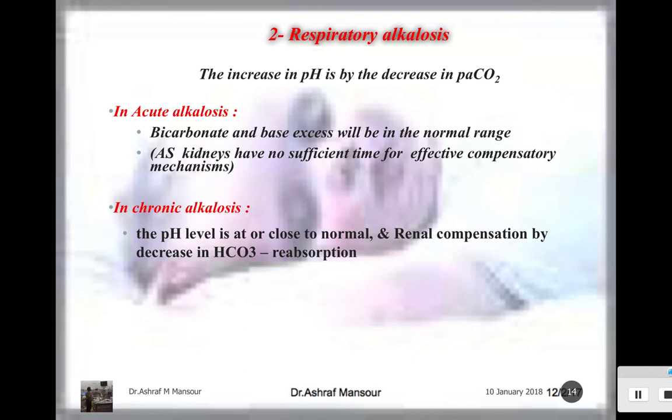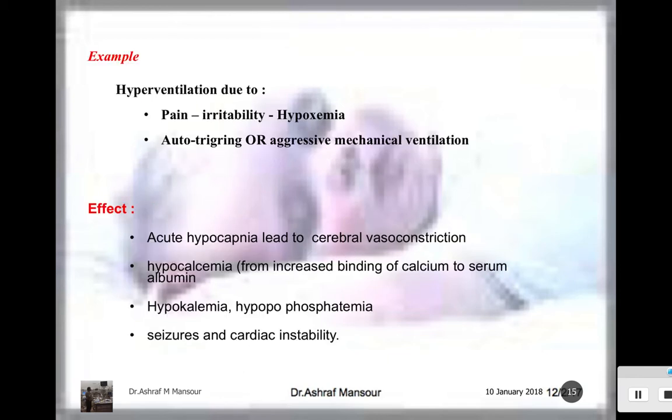So in any acute there is no time, and in the chronic there is time for compensation. So the other factor will appear in the chronic alkalosis or chronic acidosis. Examples of alkalosis are cases of hyperventilation due to pain, irritability, hypoxemia, maybe on a ventilator with auto-triggering or auto-cycling, or if we are using aggressive mechanical ventilation with higher tidal volume.